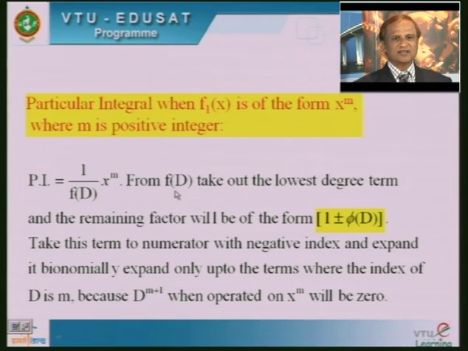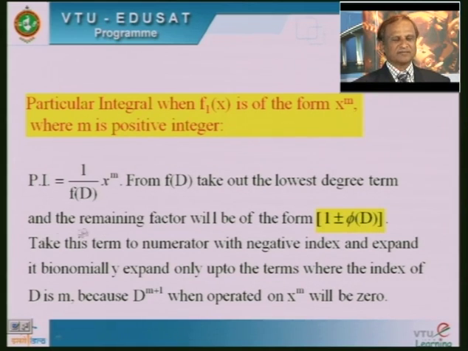Is it clear? Right. So, from f of D, take out the lowest degree term, and the remaining factor will be of the form 1 plus or minus some function of D. So, this is f of D. Friends, we have to identify the lowest degree term from f of D. Is it clear? You can take out the lowest degree term, and the remaining thing can be written in this form.